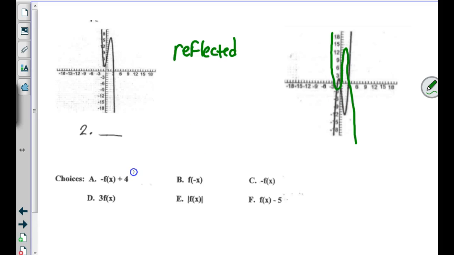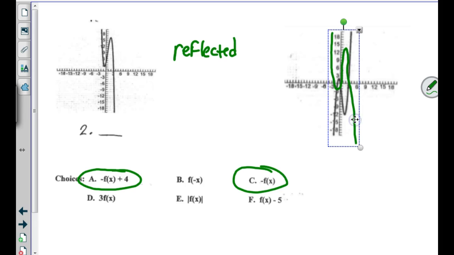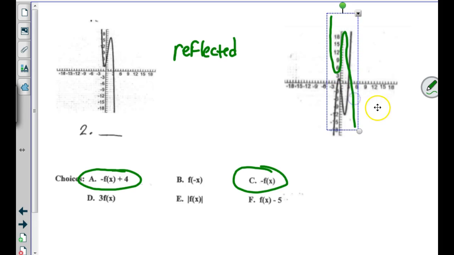Yeah, out of the choices, this is just flipped, right? This is just flipped plus 4. So if I took my green one here and shifted it up 4, does that look a little bit more like this one? If we just flipped it, do you understand it would have had points still below the x-axis, right?